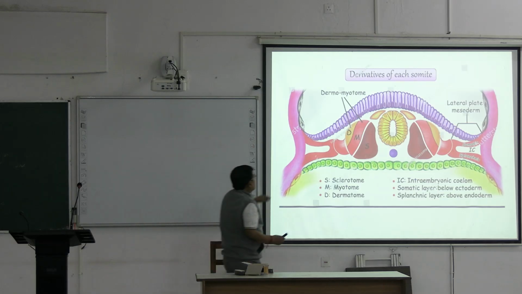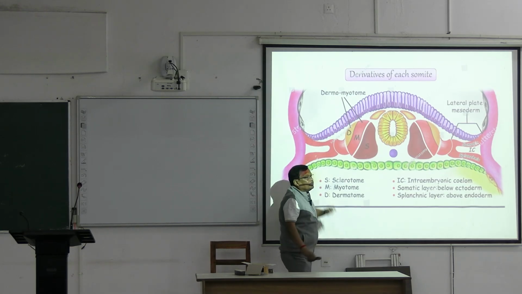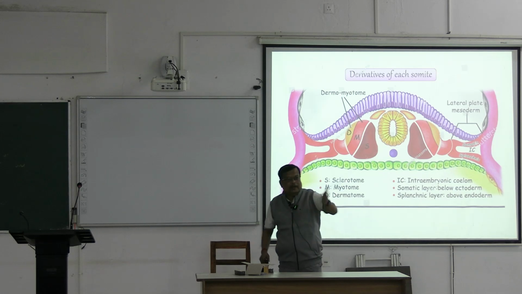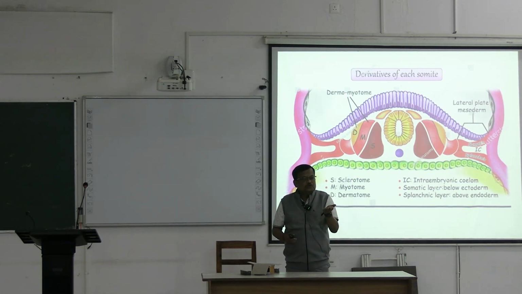which splits the lateral plate mesoderm into 2 parts, one dorsally, one ventrally. The dorsal part, better to say the dorsal sheet, is sheet-like. In cut section it looks like that, but actually it is sheet-like.